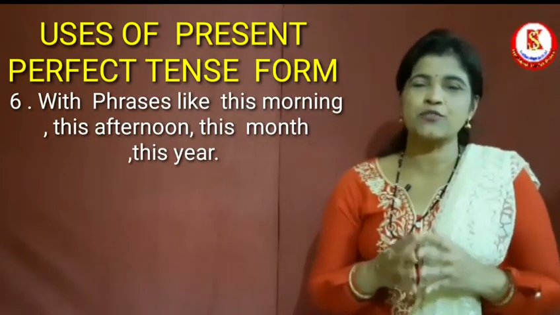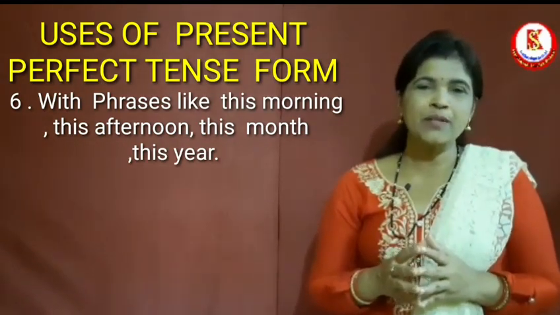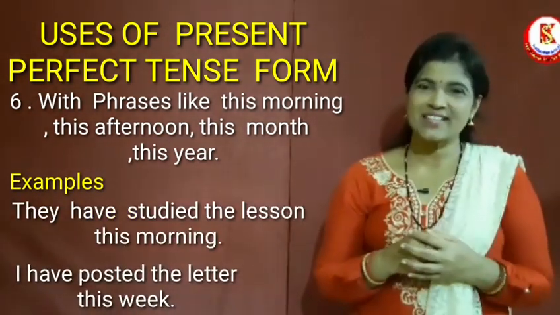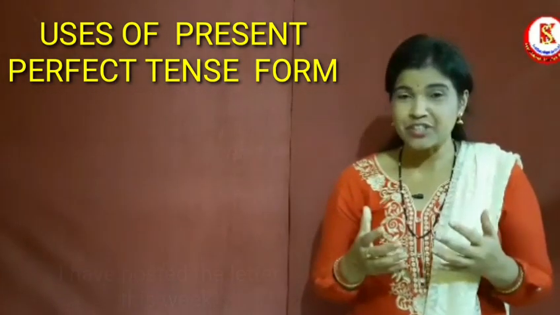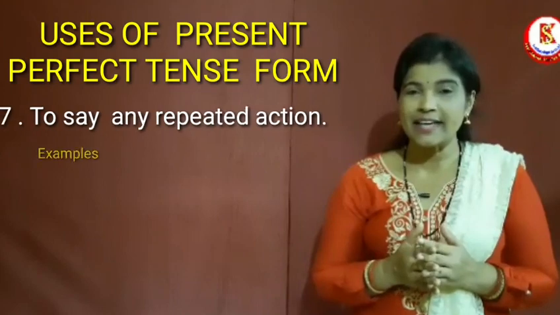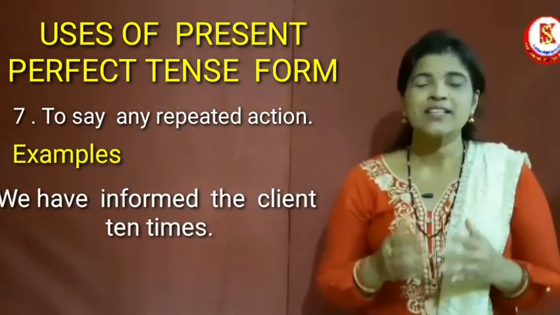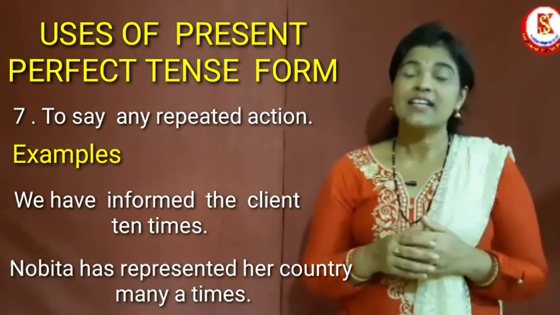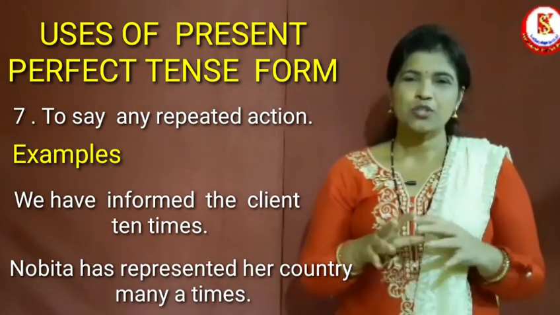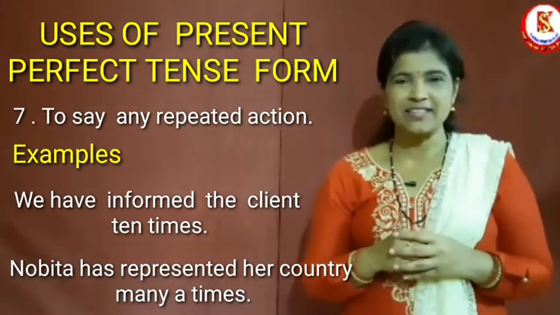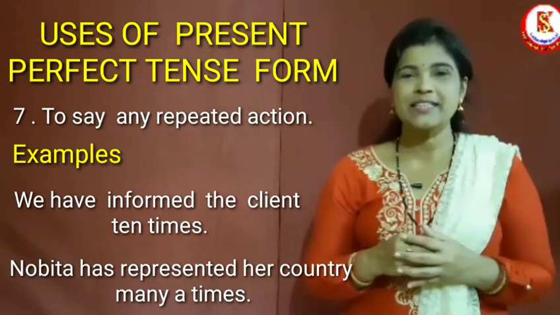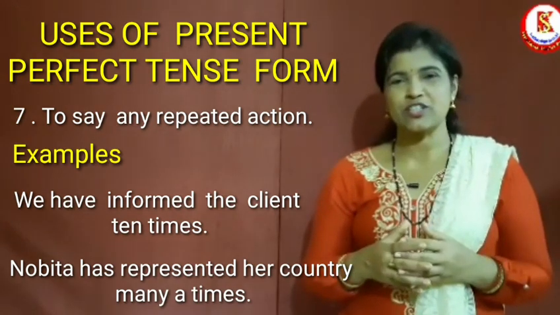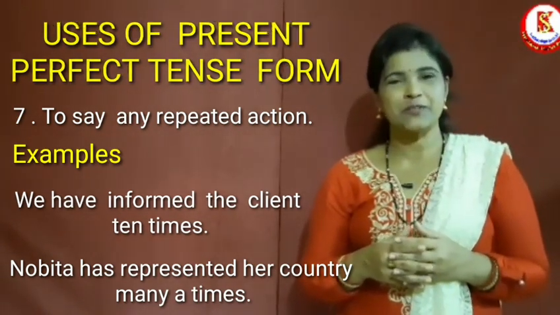With all these phrases we use present perfect. For example, they have studied the lesson this morning. And the next, we use this aspect to say any action that has been repeated. For example, we have informed the client 10 times, or Nobita has represented her country many a times. So these are the 7 uses that generally we should keep in mind while using this aspect of present tense, that is present perfect.